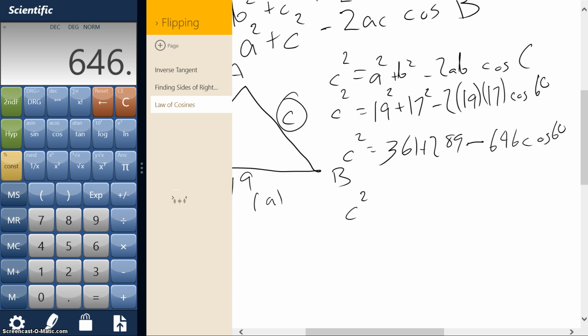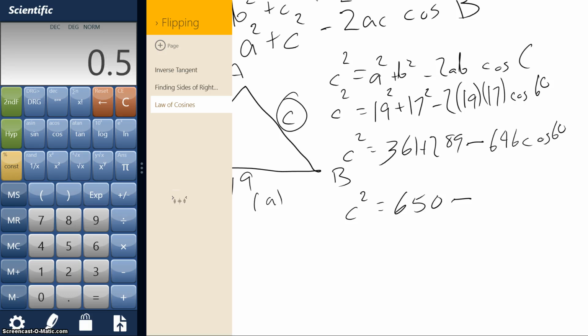We can combine the 361 and the 289, which gives us 650, minus 646 cosine of 60.